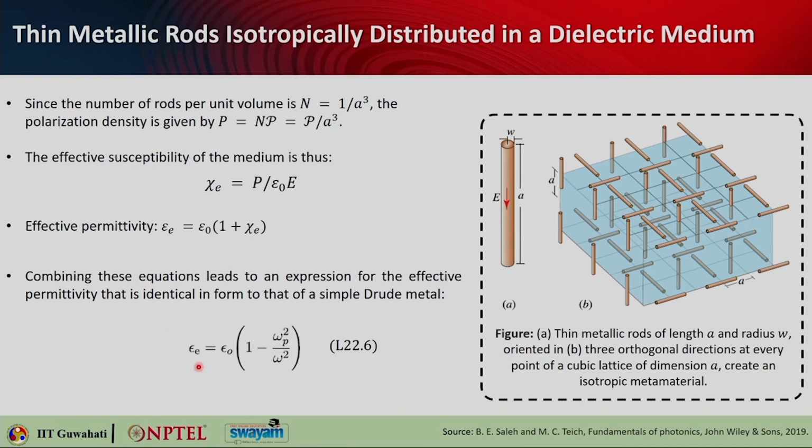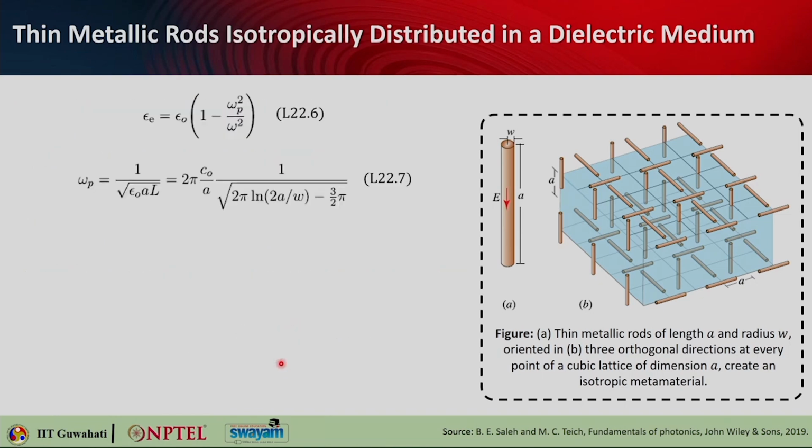So, epsilon E equals epsilon naught times 1 minus omega p square over omega square. That is a very well known form of any Drude metal.